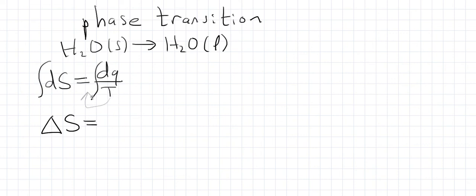We can just pull it right outside that integral. And so we just get Q over T. And when we go through a phase transition, the pressure is constant as well, right? When we melt ice, we do it at 0 degrees C and 1 bar. So if the pressure is constant, we can equate the heat with the enthalpy change. In this case, the enthalpy we're talking about is the enthalpy of fusion.